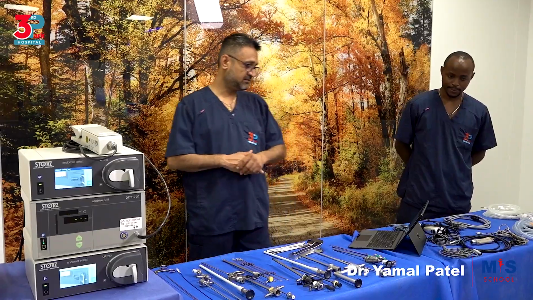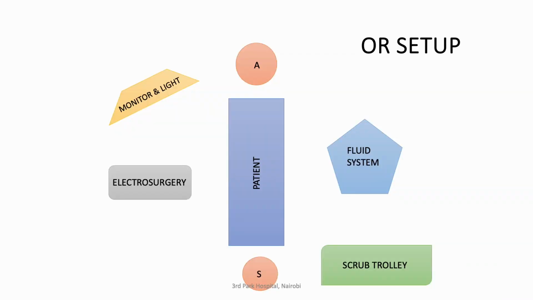So we go into the OR setup. As seen in this slide, you will see the OR setup of a hysteroscopy theater would have the patient on the bed, the anesthetist and the anesthesia machine at the head end. The surgeon will be at the lower end between the legs, which are put up in lithotomy or semi-lithotomy position.